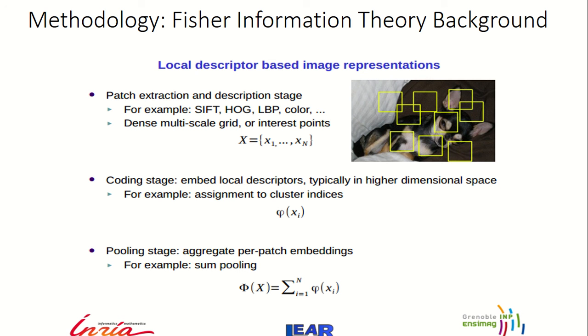For an image, we extracted some patches, and we used local descriptors to model each patch using a short local descriptor. Methods like SIFT, HOG, LBP were working like this. So for each image, we had a set of local descriptors instead of one global descriptor.